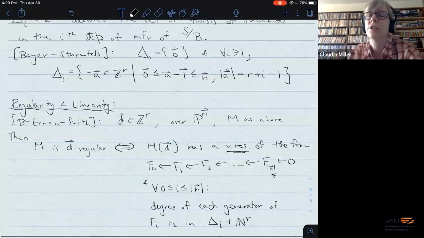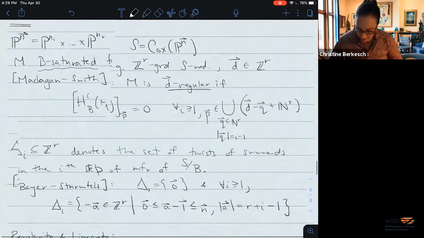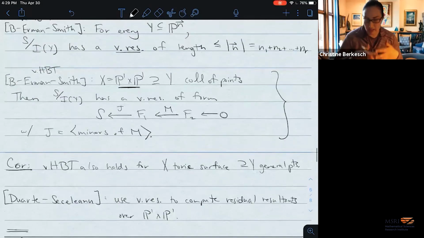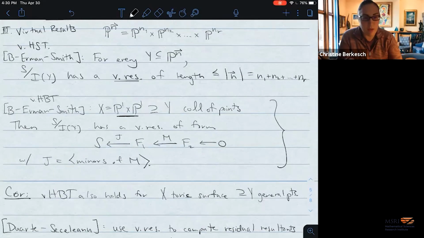So the first question was, could you repeat why the Hilbert basis theorem for toric surfaces follows from the P1 cross P1 case? Okay, so if I'm looking at a toric surface, it's going to be a blow up of either P2 or P1 cross P1 at some points. And so if I have general points, I can avoid the exceptional divisors.